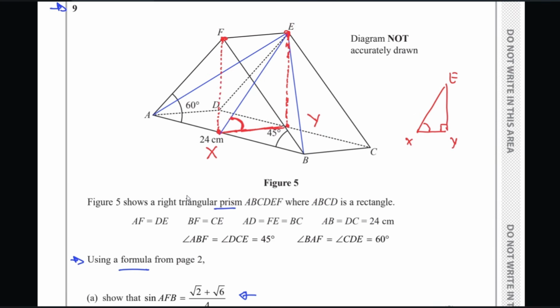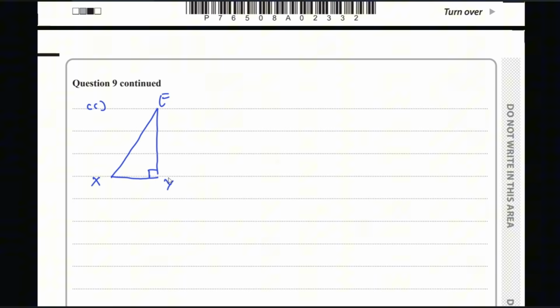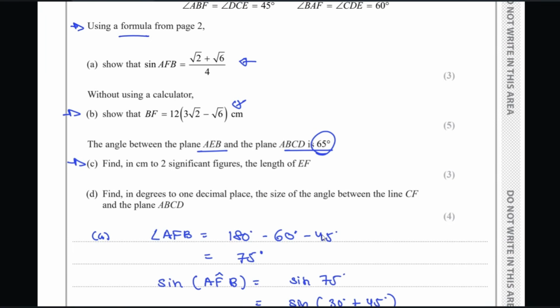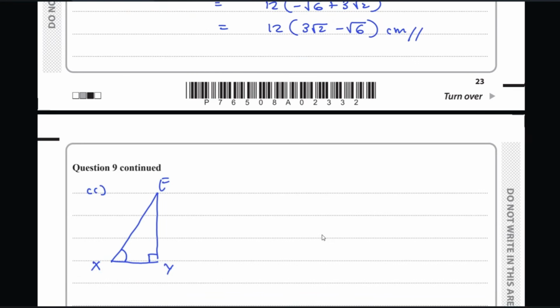So let me redraw that triangle EXY here. So question C, we have triangle EXY, and we want to find angle EXY. So what do we know? Oh, we're given the angle. So the angle between the plane AEB and the plane ABCD is given. That is 65 degrees. So that angle is the angle between the line EX and XY.